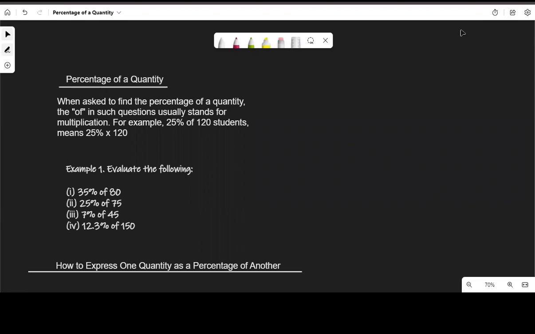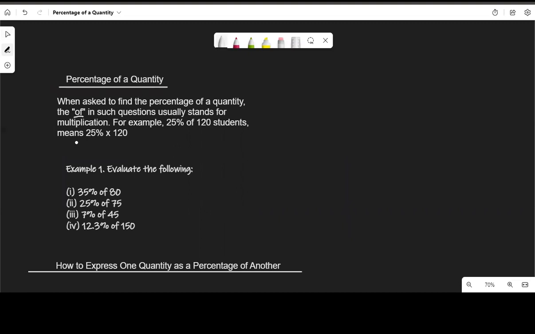In this lesson, we are going to learn how to express a given quantity as a percentage and how to convert a percentage to a fraction. So when asked to find the percentage of a quantity, the "of" in that kind of question usually stands for multiplication.